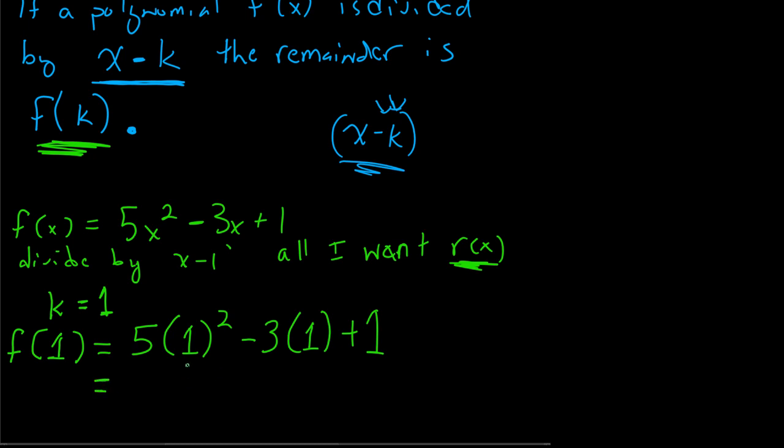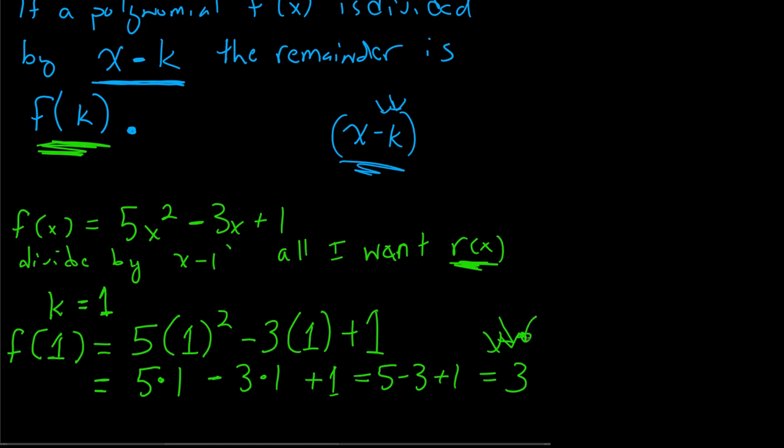So 1 squared is 1. So that's going to give me 5 times 1 minus 3 times 1 plus 1, which is 5 minus 3 plus 1, or 3. And so this is telling me if I divide 5x squared minus 3x plus 1 by x minus 1, I get a remainder of 3.